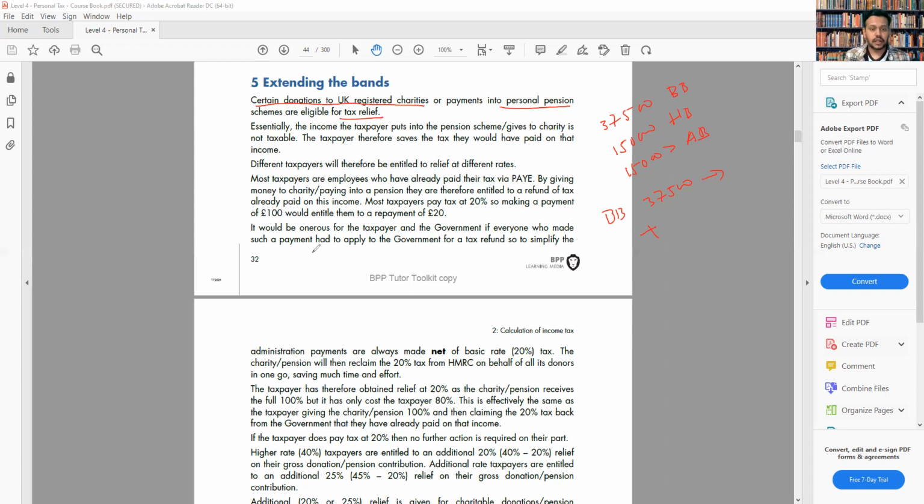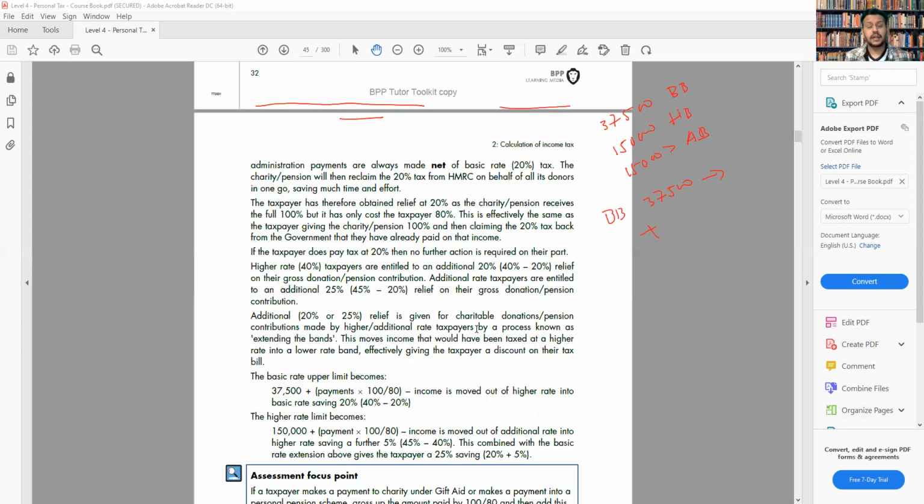It would be onerous for the taxpayer and the government if everyone who made such a payment had to apply to the government for a tax refund. So to simplify the administration, payment will always be made net of the basic rate 20% tax. The charity or pension will then reclaim 20% from HMRC on behalf of all the donors in one go, saving time and effort.